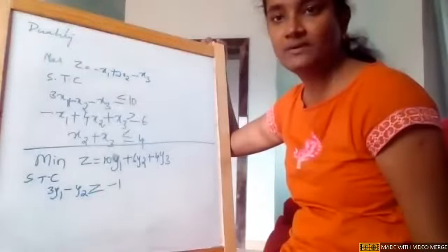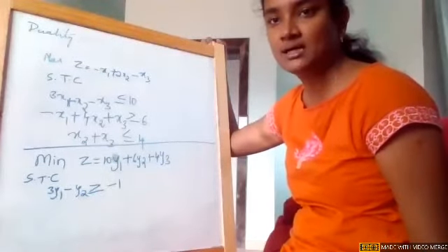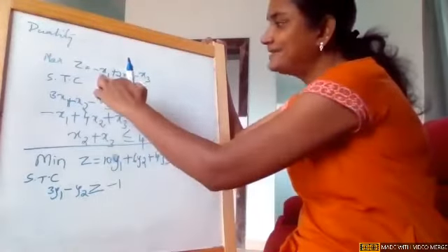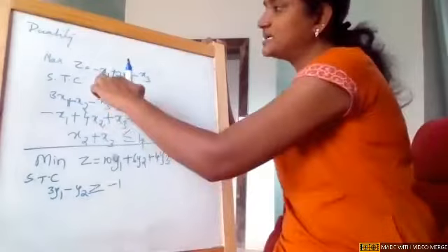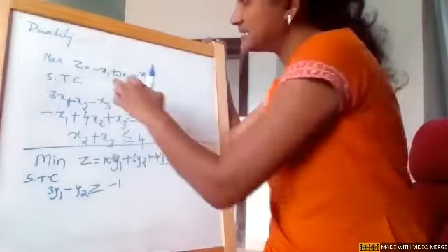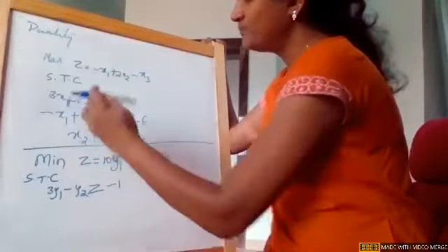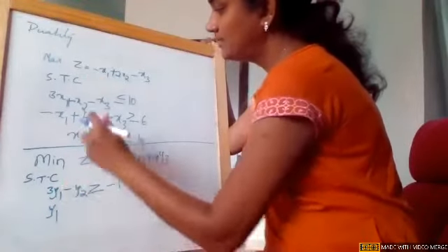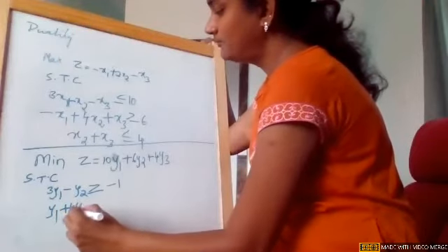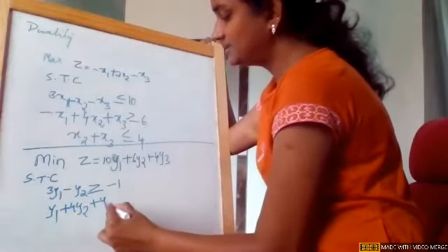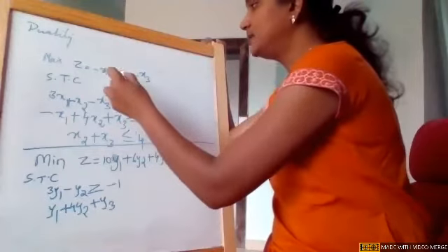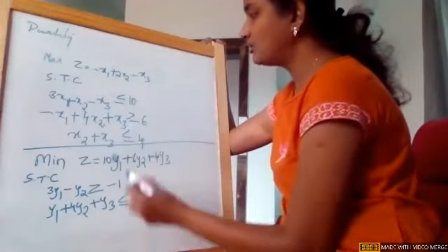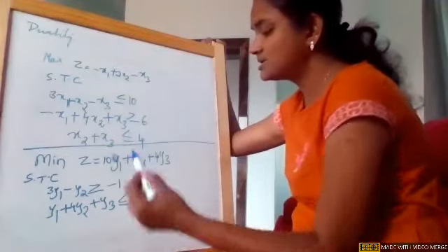And the constants: we used these constants in the minimization function, so we take the objective function coefficient as the constant, so it is minus 1. Now all x2 variables will come into the picture. So you see y1 plus 4y2 plus y3, and it is greater than or equal to the x2 constant, which is 2.